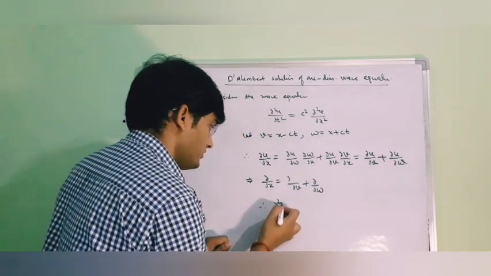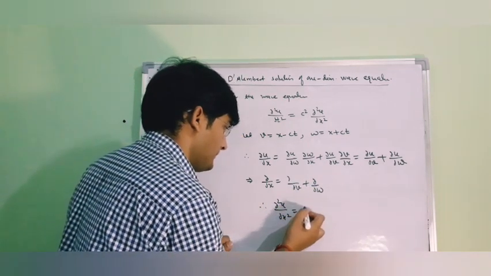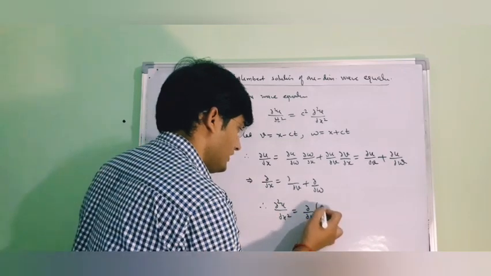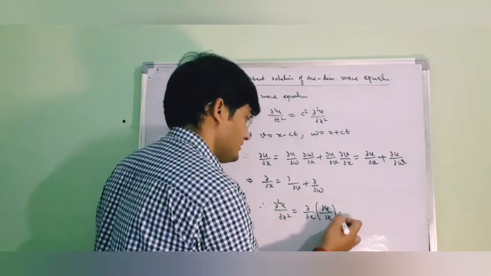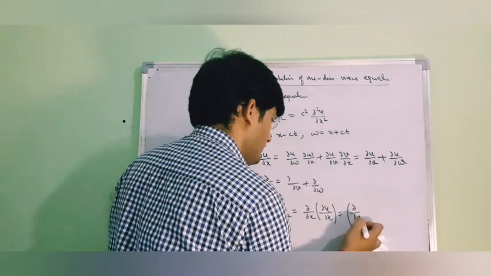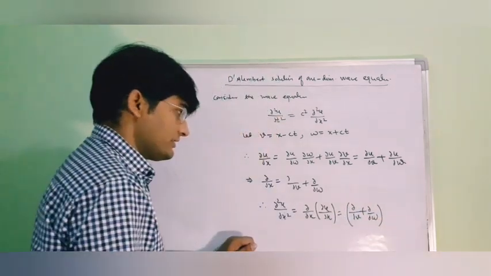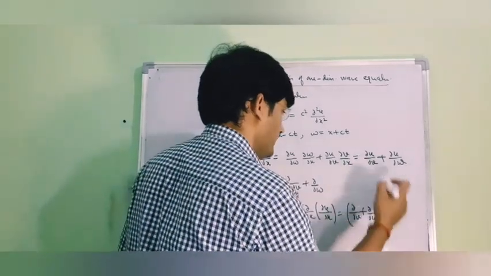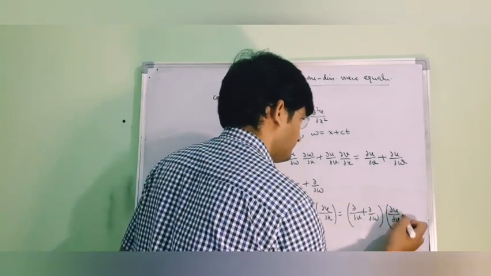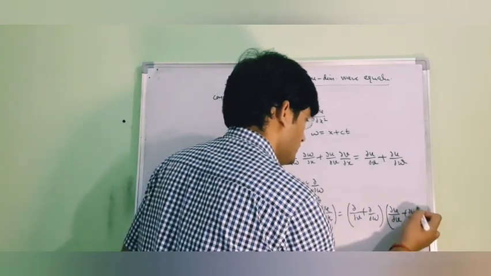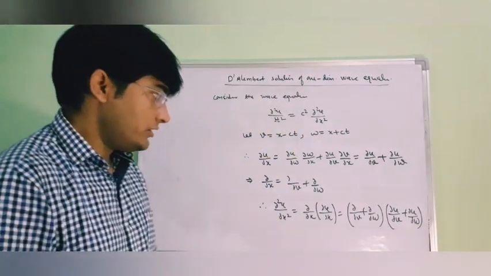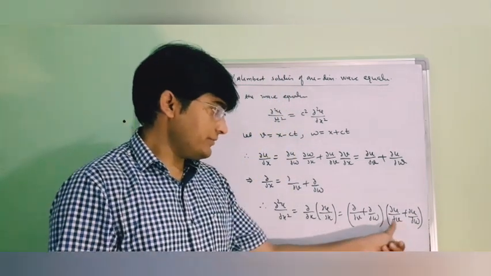Therefore the second order derivative will be ∂/∂x of ∂u/∂x. So that means it is equal to ∂/∂v plus ∂/∂w of this ∂u/∂x. So now here you can see that this is your double derivative.